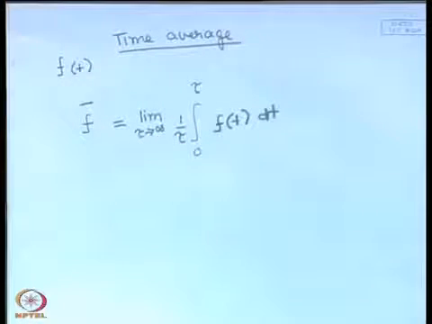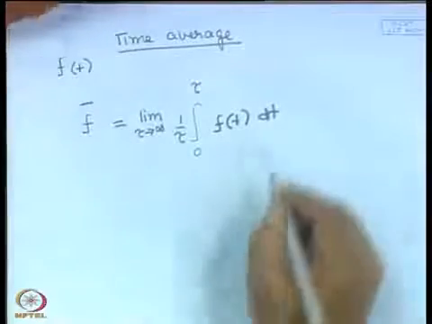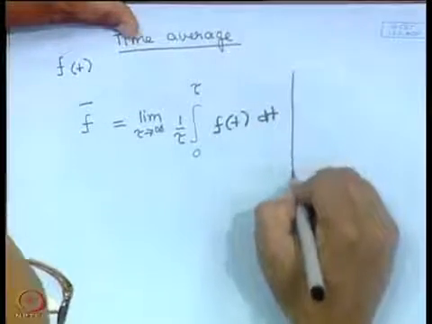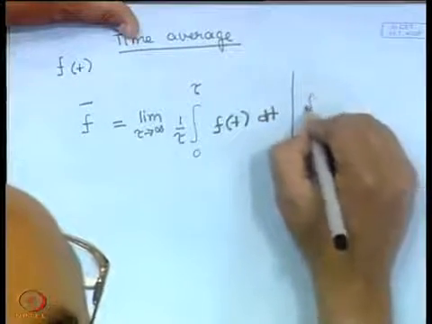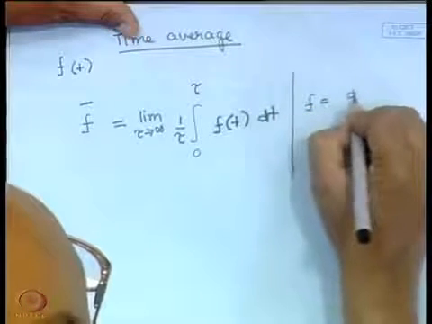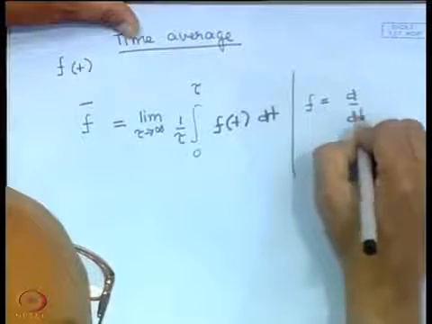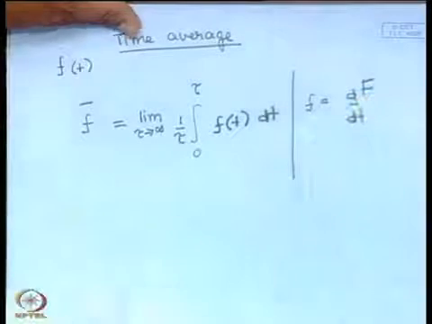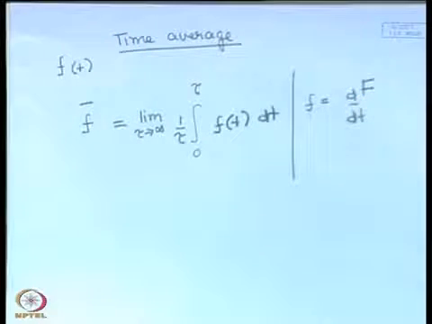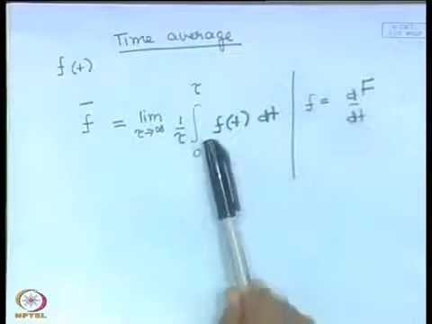So, it is a time average over a very large time. This is how we define the time average, and if f, the quantity whose time average we are interested in, is the derivative of some other quantity, then we can put this derivative in here and do the integral.